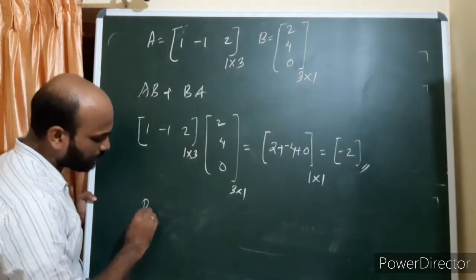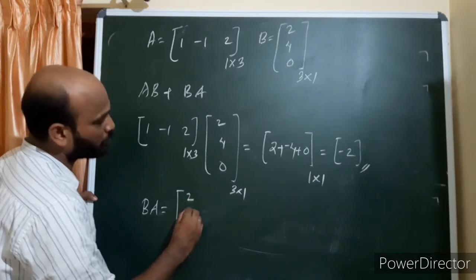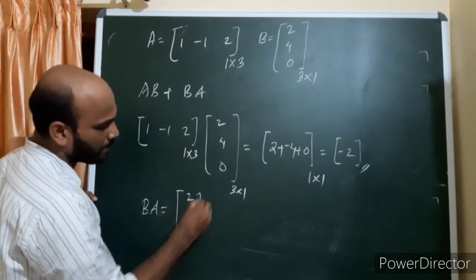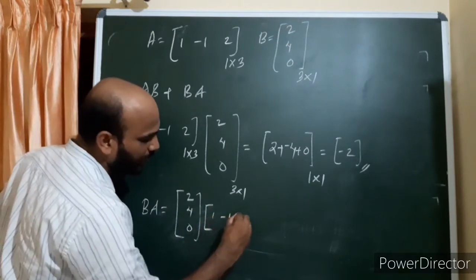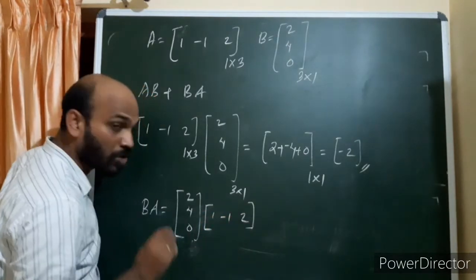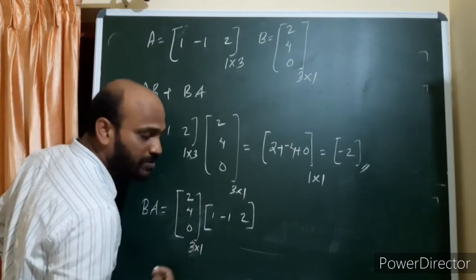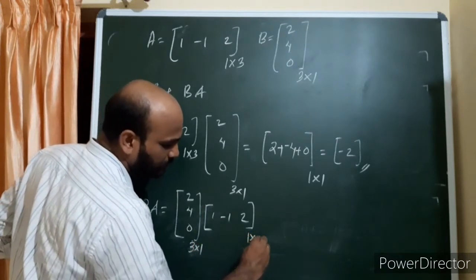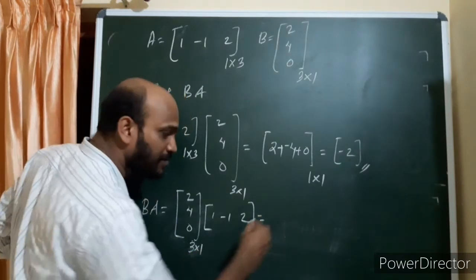Now BA. So first you have to write B, 2, 4, 0 and A. A is the second matrix, 1, minus 1, 2. So the order of the first matrix is 3 by 1 and the order of the second matrix is 1 by 3. So what is the order of the resultant matrix?